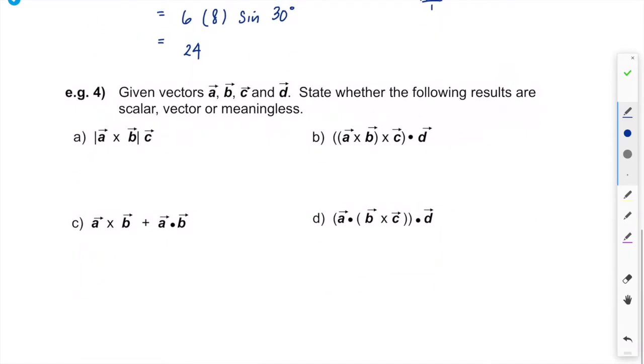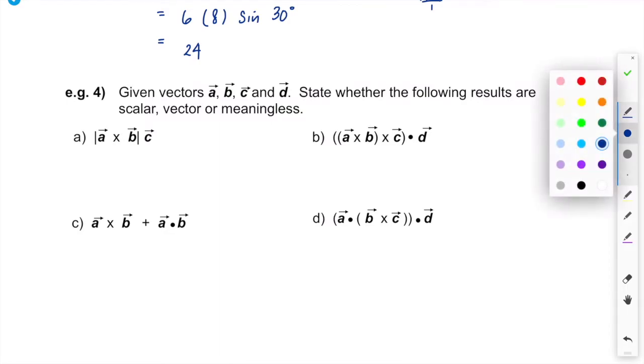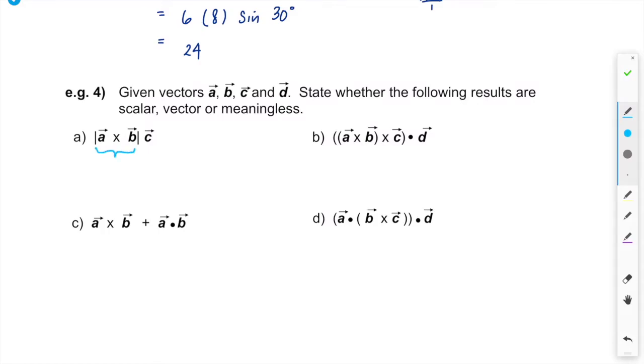And then here we have 4 vectors A, B, C, D. State whether the results are scalar, vector, or meaningless. Okay, so let's take a look at this. A, I have the magnitude of A cross B times C. Magnitude of A cross B, a vector, is scalar. And then C is a vector.